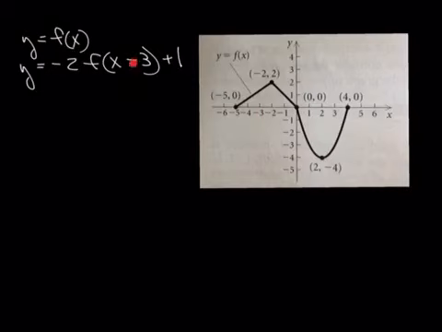So we've got a minus 3. Remember, what does a number here mean? It means that we're going to go left or right, the opposite of what that is. So we're going to go right 3. We're going to go up 1. This 2 means that it is going to get stretched, and this negative means it's going to flip. So we're going to do a whole bunch of stuff here.